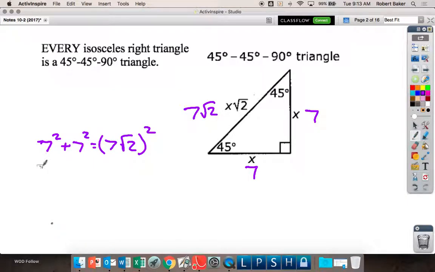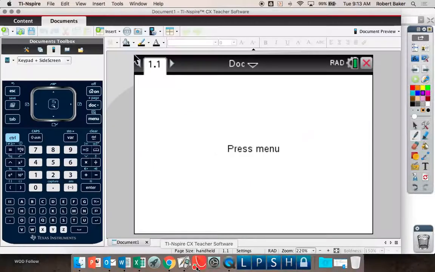I can start some steps here. 49 plus 49 equals, I'll do that in my calculator. What's 49 plus 49? 98. So we're hoping that 7 square root of 2 squared equals 98. Let's check it.